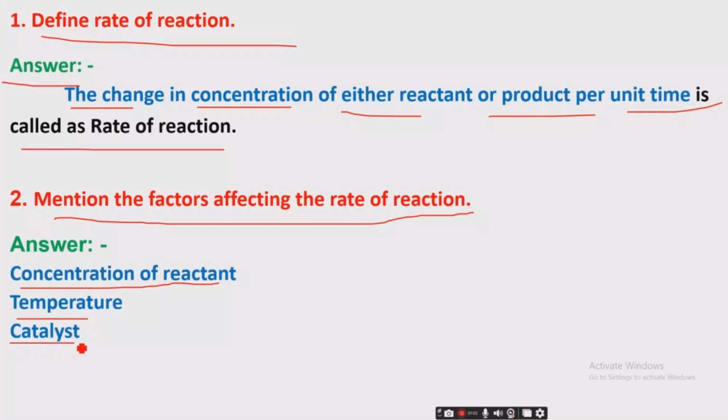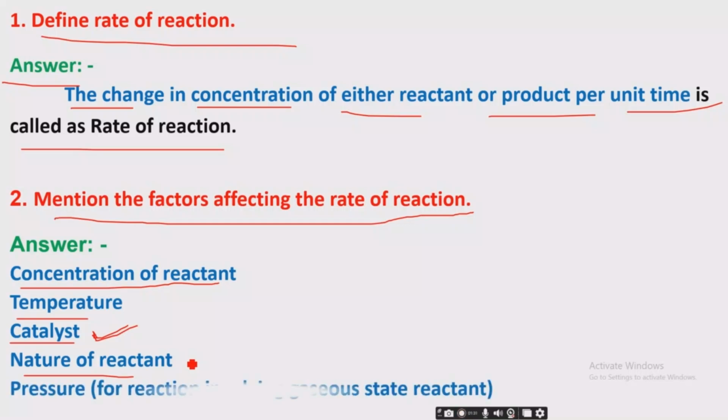Next is catalyst. Catalyst also increases the rate of reaction by providing an alternate pathway for the reaction. Next, nature of the reactant also affects the rate of reaction. Pressure also affects the rate of reaction, but for reactions involving gaseous state reactants. If reactants are present in gaseous state, then pressure also affects the rate of reaction.